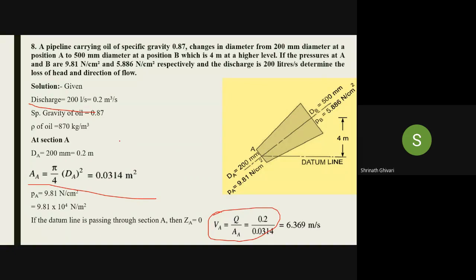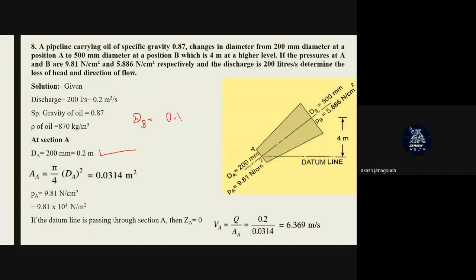Okay. Next, you only determine what all things are given in section B. What is the diameter at section B? 500, 0.5 meter. What is the area for that? Area at B is 0.1963 meter square.